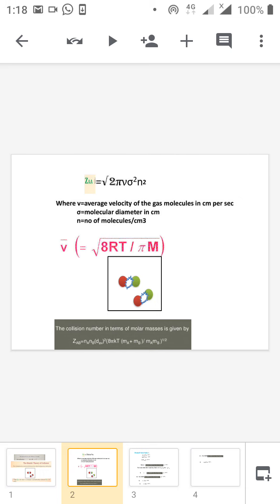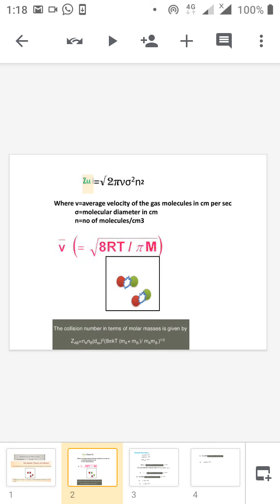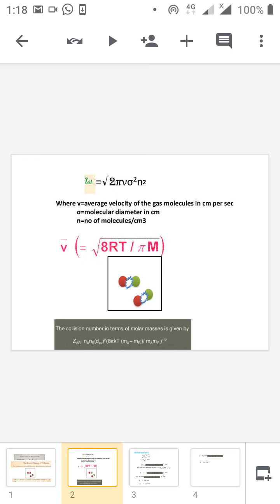So the number of bimolecular collisions per centimeter cube per second at T Kelvin is represented by ZAB, which we can calculate from the kinetic theory of gas as NA NB into D average square into 8 pi RT into (MA plus MB) divided by MA MB, whole to the power half.